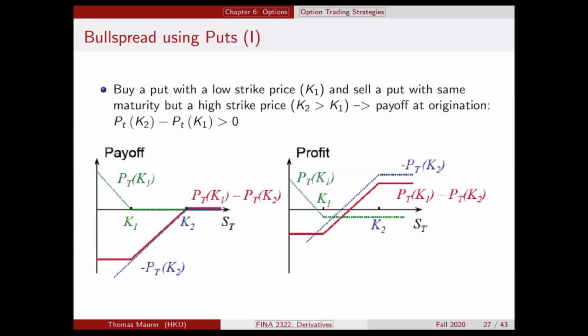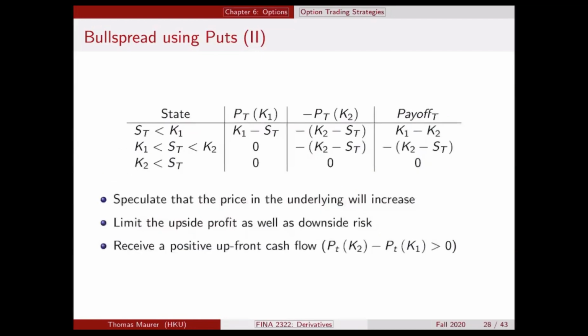So this is exactly the same as we had with the bull spread using call options. So it's again a speculation that the price of the underlying increases, but you have a limited potential gain, but also a limited downside in case the underlying asset decreases a lot.